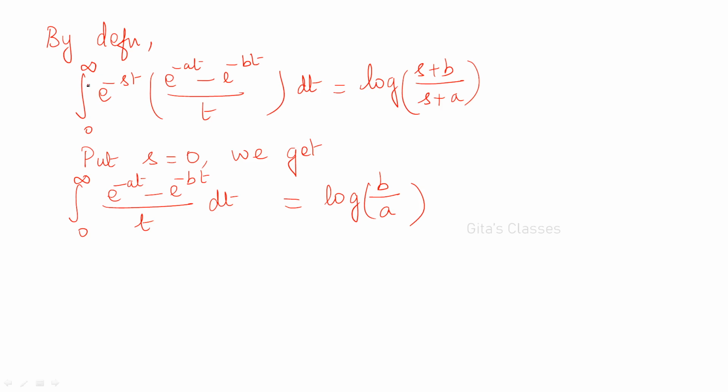So by definition the LHS is integral 0 to infinity e power minus st into the same function, that is equal to log of (s plus b) by (s plus a). But we want only the integral of this function. So substitute s is equal to 0, we will get the required function. And on the right hand side also put s is equal to 0, we will get log of b by a. This is what we have to prove.